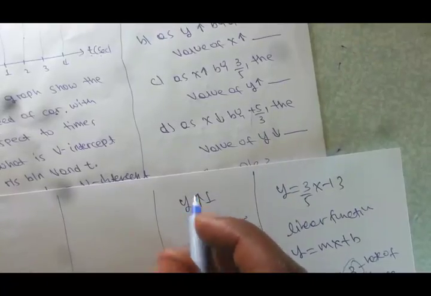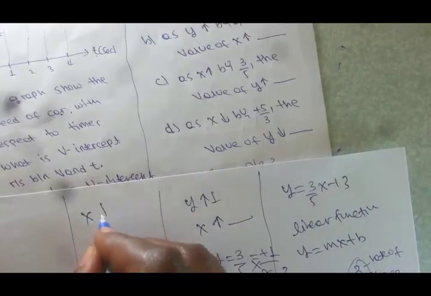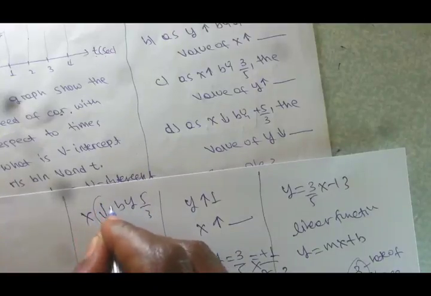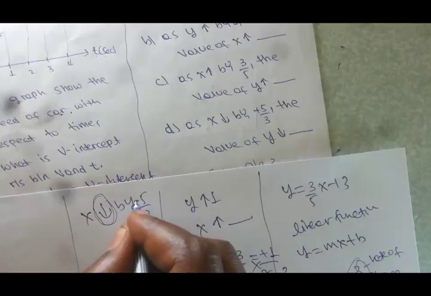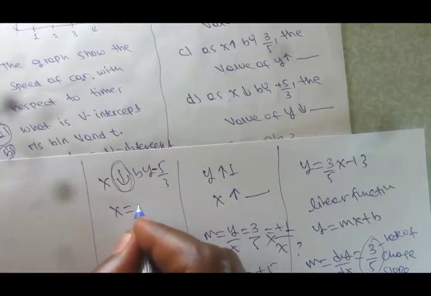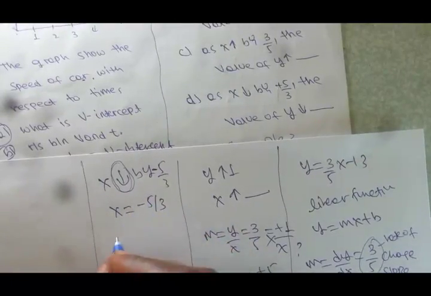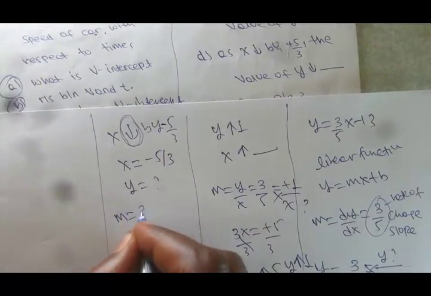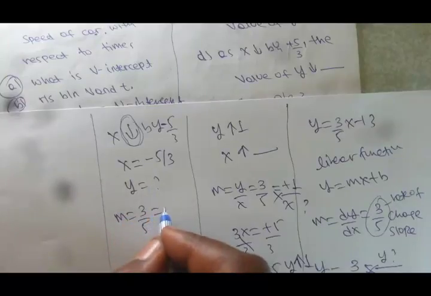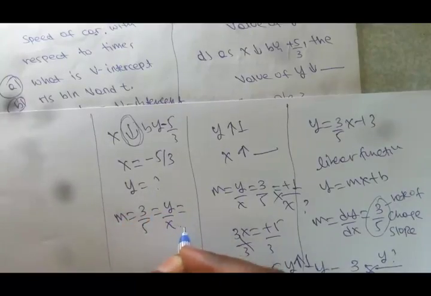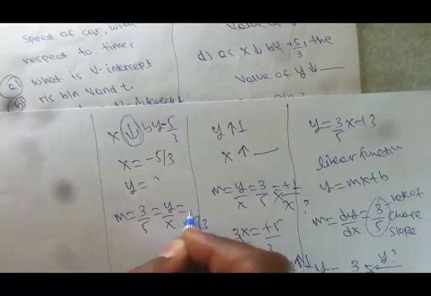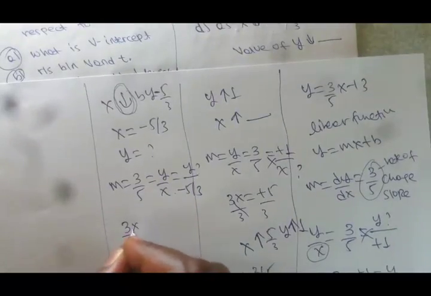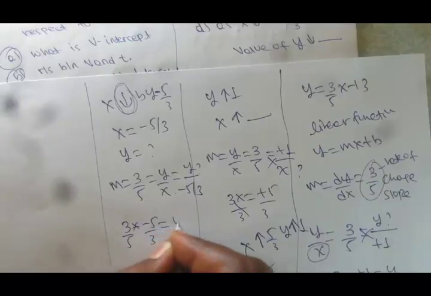And part d asks us to find y as x decreases by 5 over 3. Whenever you see this sign, it means you have to indicate the sign for x. Therefore x will be minus 5 over 3. The value of y is required. We already know m is 3 over 5, the value of y over x. So the value of x is given as minus 5 over 3. Then 3 over 5 times minus 5 over 3 is equal to y.